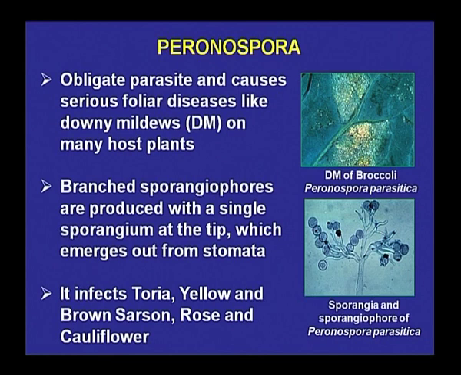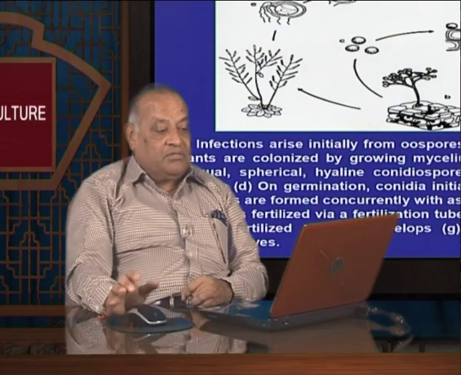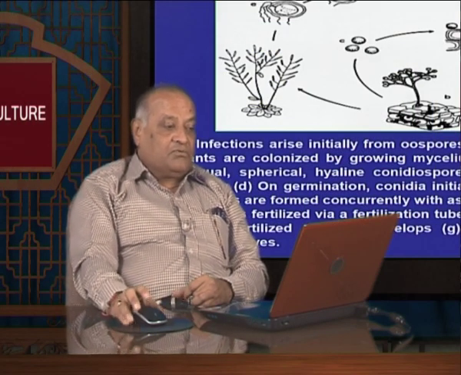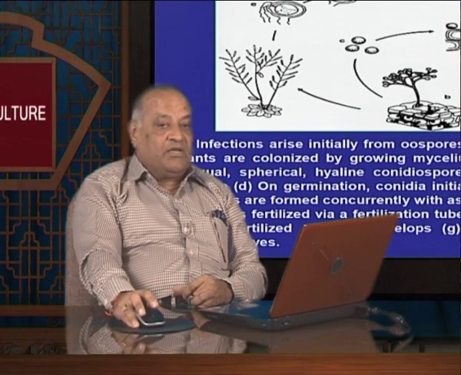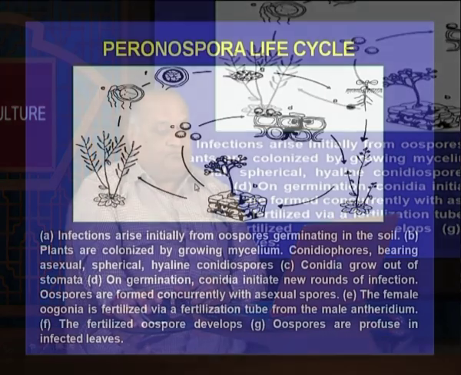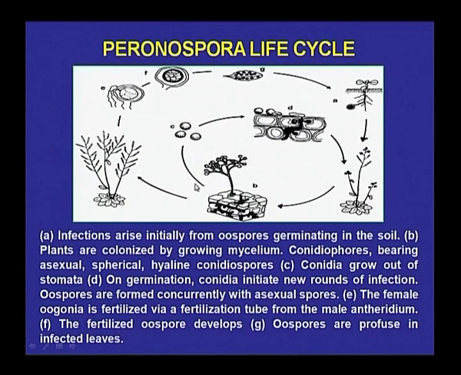It infects toria, yellow and brown sarson, rose and cauliflower. They are very economically important plants. So, this is the life cycle of Peronospora. Infection arises initially from the oospore. It germinates in the soil, and plants are colonized by growing mycelium.